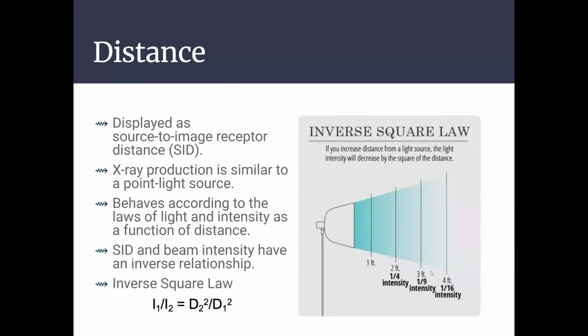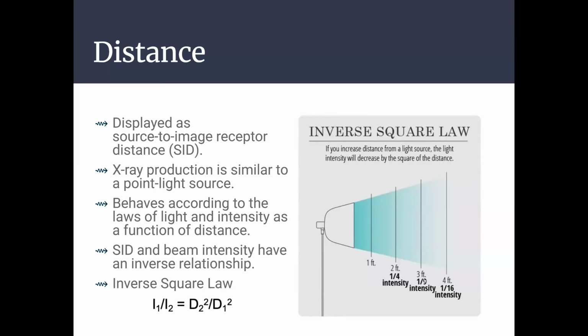Just as the image is trying to explain, if you're 1 foot away, the light is bright, as you can see by the blue, the teal, how it's a strong teal color. But if you get 2 feet away, it's only 1/4 of the intensity. Again, 2 squared is 4, so it's 1/4 of the intensity.